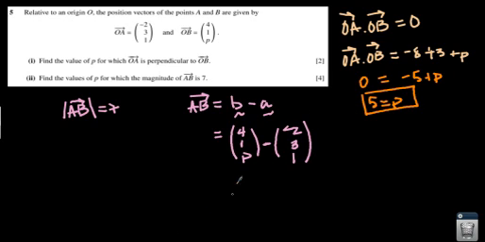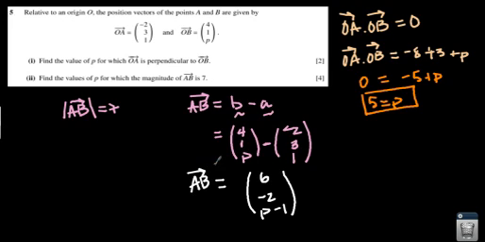When I subtract them, I get 4 minus negative 2, aka 4 plus 2 is 6. 1 minus 3 is negative 2, and P minus 1. And that is vector AB.